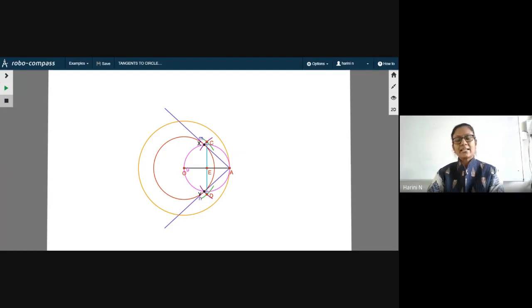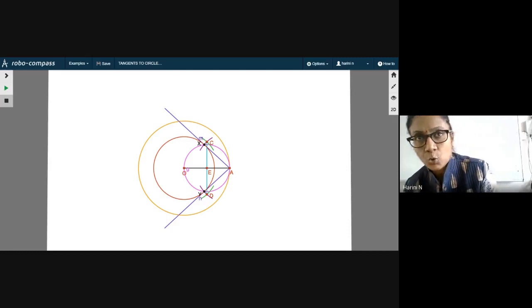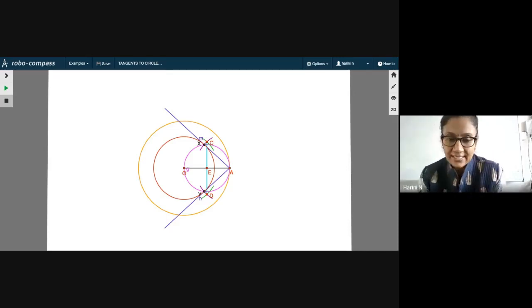So, the step you will write is: draw another circle with center O and radius 6 centimeters.